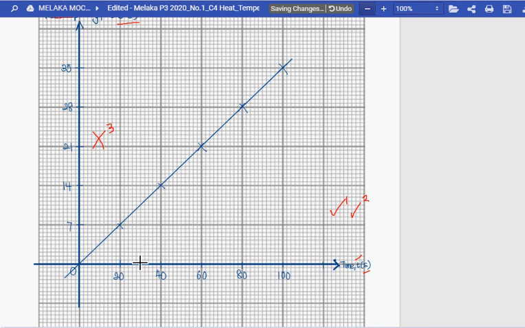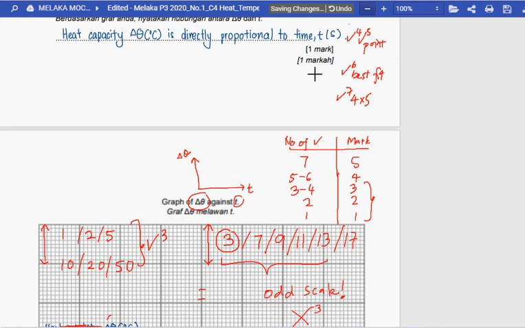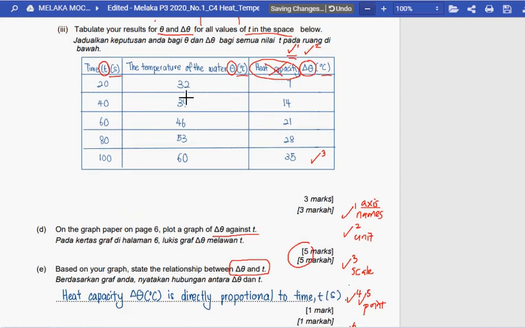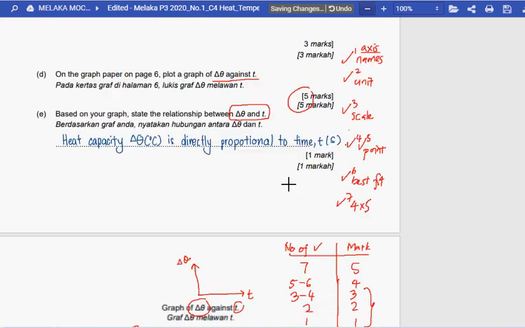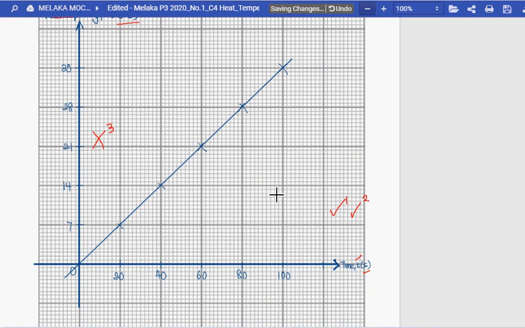From the answer just now, 20, 7, 40, 14, 60, 21, and then 80, 28, 100, 35. No wonder the student chose that scale because it is easy to draw, but that is already a trick by the question. Don't use 7, 14, 21, 28, 35. But in terms of transferring points, all are correct, so we can give tick 4.